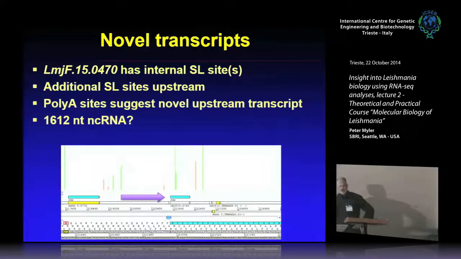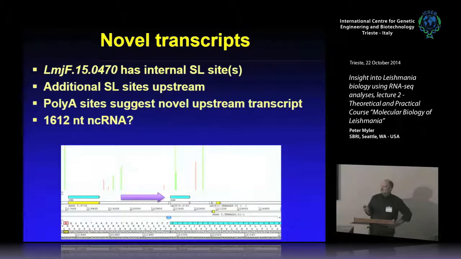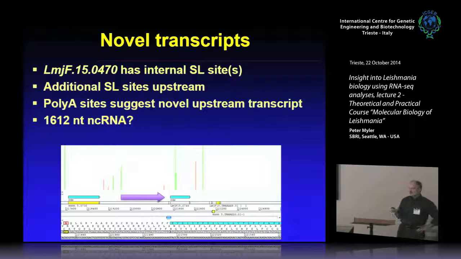So there's probably no long open reading frame in here, otherwise it would have been called as a gene. So we would say this is a non-coding RNA. We'd have to go in and look at the ribosome profiling data to see whether there really is any translation of this gene. So it could be that there's just a short open reading frame there that is translated and we got it wrong. Either that or there could be a frame shift. So we'd have to look at some more data.